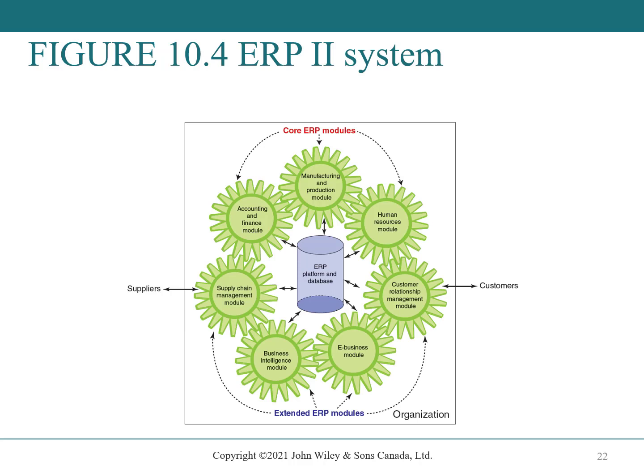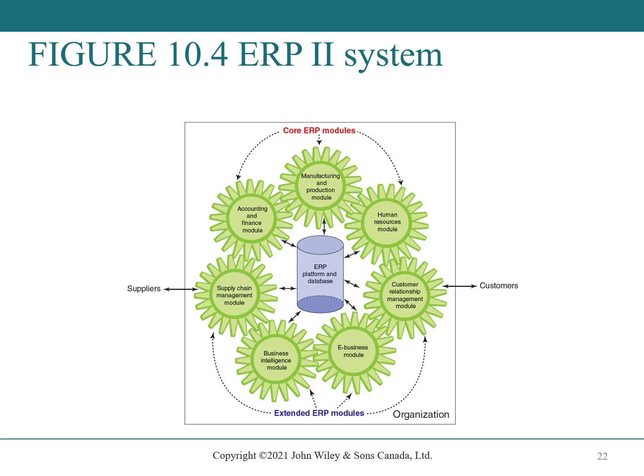Figure 10.4, ERP2 system. This figure shows the ERP platform and database as the central unit connecting to all of the surrounding areas. At the top are the core ERP modules, which are Accounting and Finance module, Manufacturing and Production module, and Human Resource module. There could, of course, be more. And then we've got suppliers interacting with the Supply Chain Management module, and we've got customers interacting with the Customer Relationship Management module.